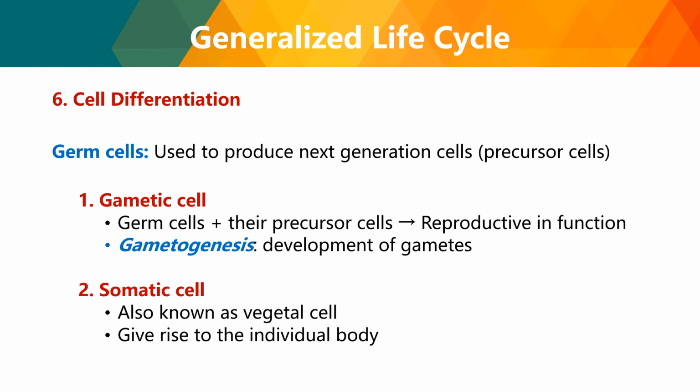So when you say the gametic cells, these are the sex cells, or the sperm and the egg cells. And then the development of gametes is what we call gametogenesis. Next, the second type of cell being produced is what you call the somatic cells. So this is also known as the vegetal cells, and they give rise to the individual body.